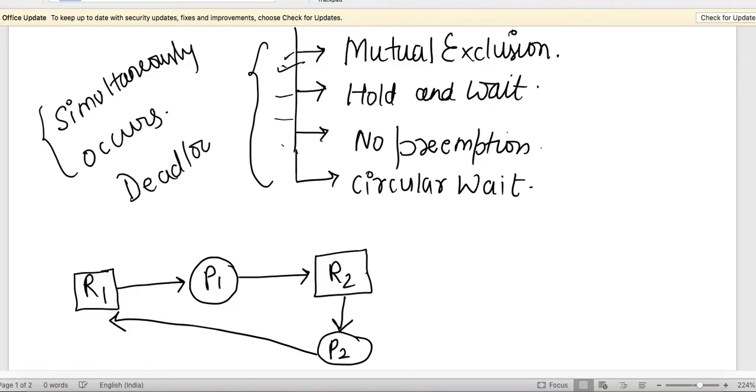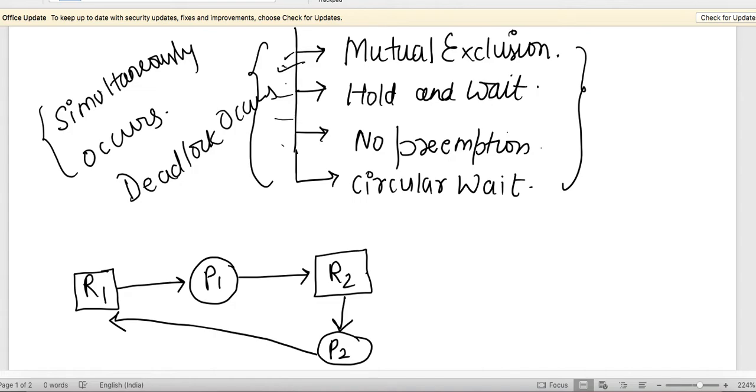Okay, got it? If all the four conditions are executing simultaneously, we say that the system is definitely going to be in deadlock. Got it? Now see what is mutual exclusion.